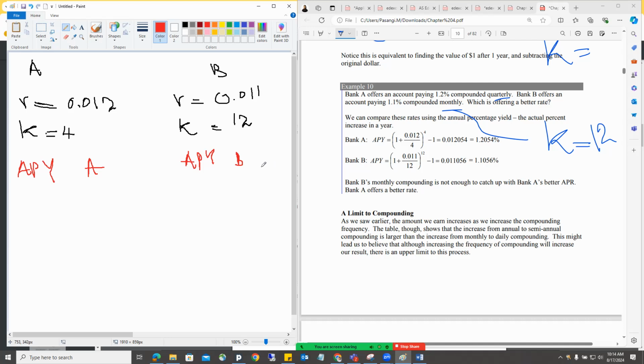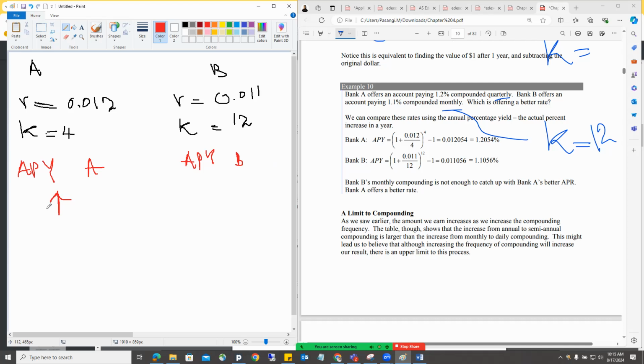If the annual percentage yield is high, then that bank is giving the highest interest or the better rate, right? So then we need to calculate the annual percentage yield.